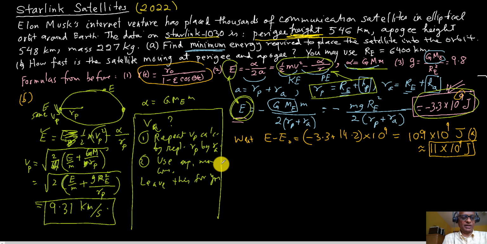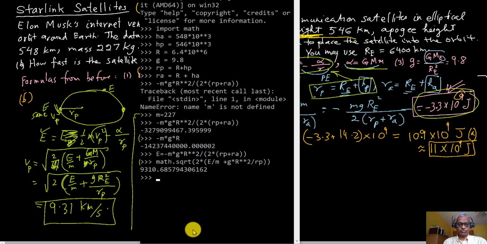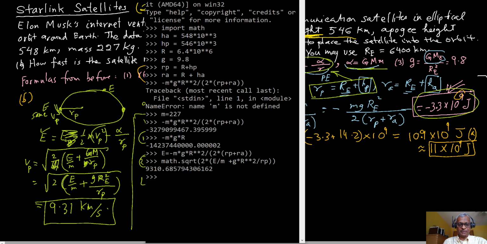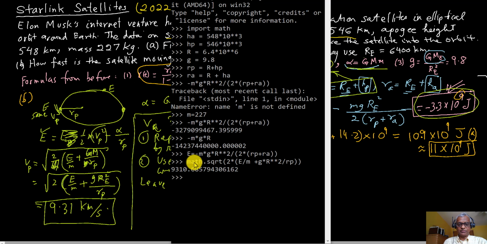Let me talk about extensions of this problem, other kinds of problems that you can solve. Okay, the final answer is this. I obtained it by getting the E in the Python script and just typing in the formula that's over here.